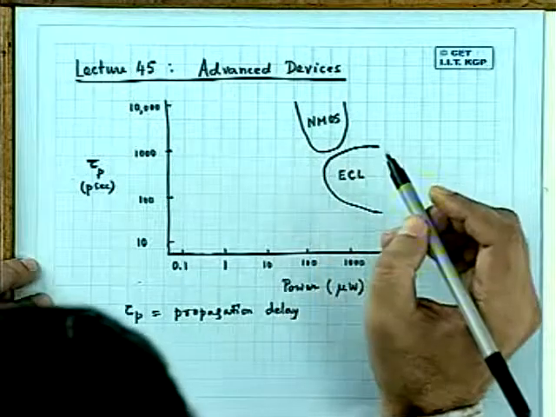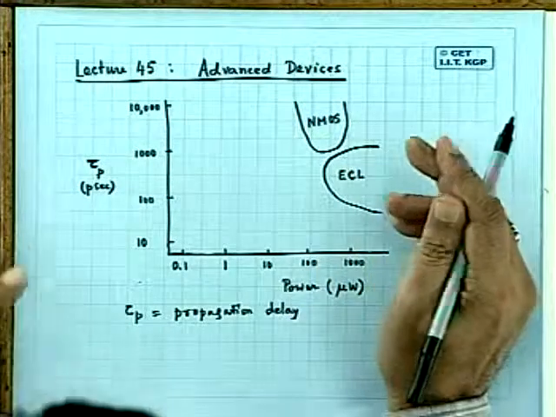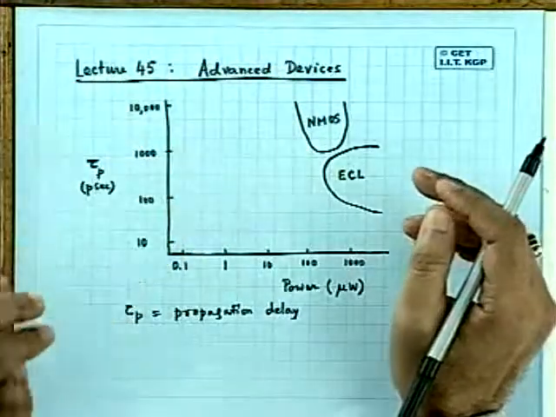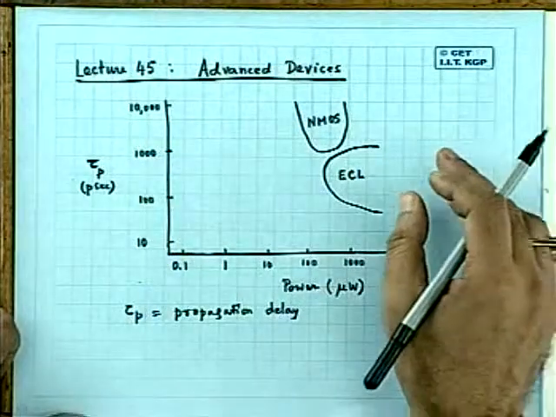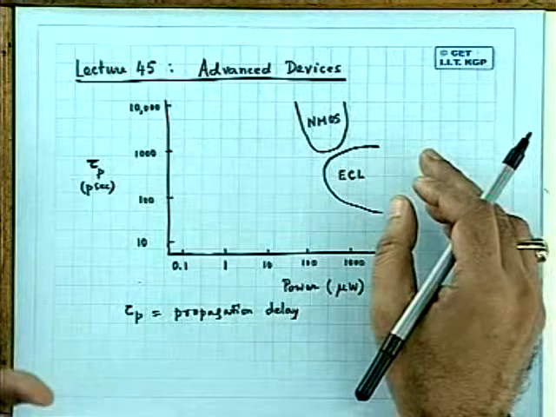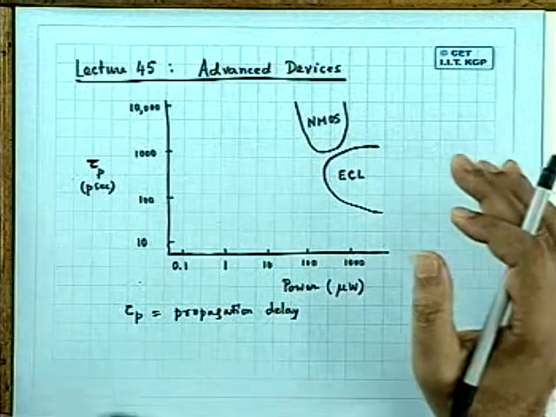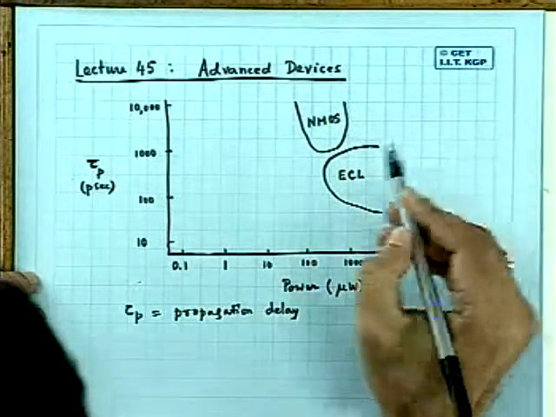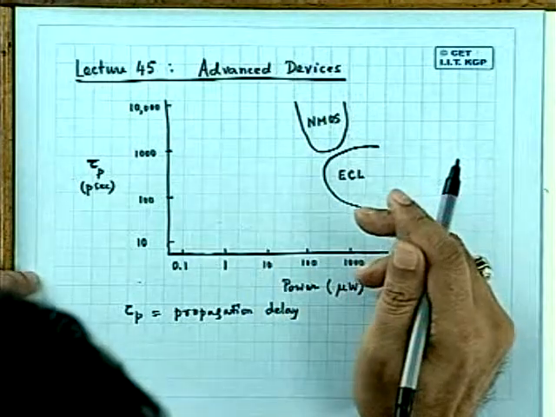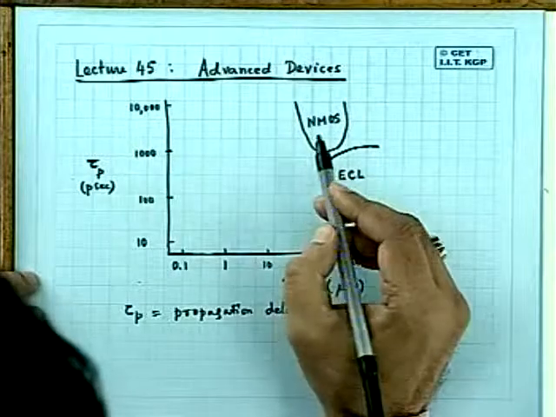And CMOS, of course, gradually with the scaling, NMOS technology did not advance much. It advanced to a great extent, but only as NMOS technology, because NMOS and PMOS combined together and became CMOS, and the technology developed fast. With scaling, there is a lot of change in this CMOS technology.